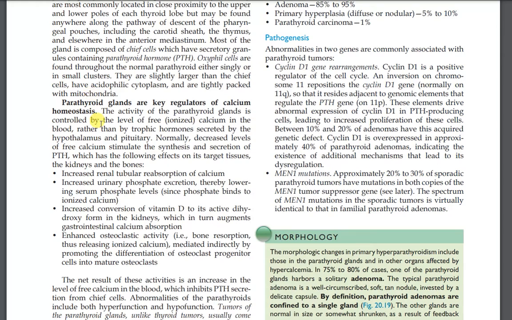As we discussed, the function of parathyroid glands, especially chief cells, is to produce parathyroid hormone, and these functions include increased renal tubular reabsorption of calcium to increase the calcium level in plasma, and increased urinary phosphate excretion, thereby lowering serum phosphate levels. So you see, it really decreases the phosphate level, and it liberates calcium from the bones. It is an additional feature by which we increase the level of calcium in the blood.